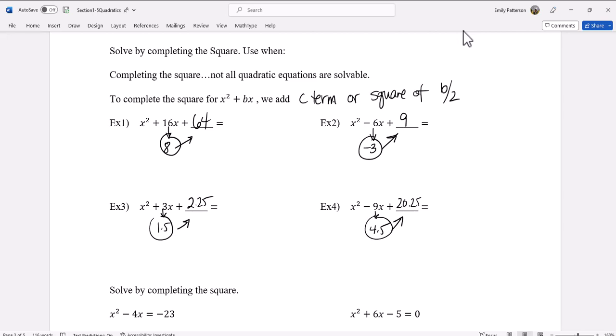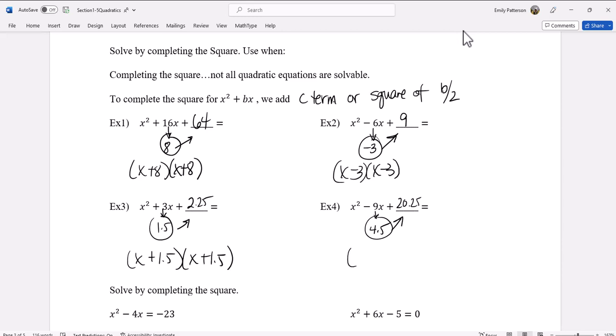So once I've completed the square into 64, this is the same as x plus 8 multiplied by x plus 8. This is the same, because this was a negative 3, as x minus 3 times x minus 3. This is the same as x plus 1.5 multiplied by x plus 1.5.